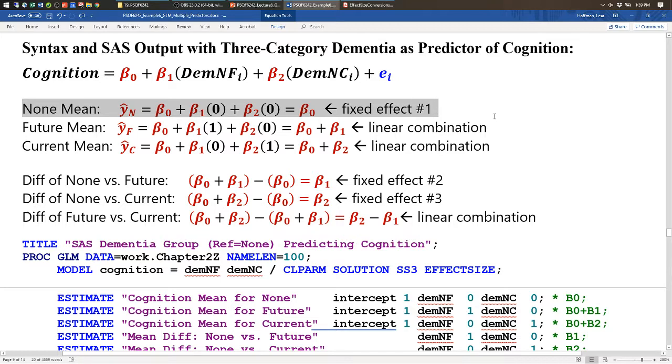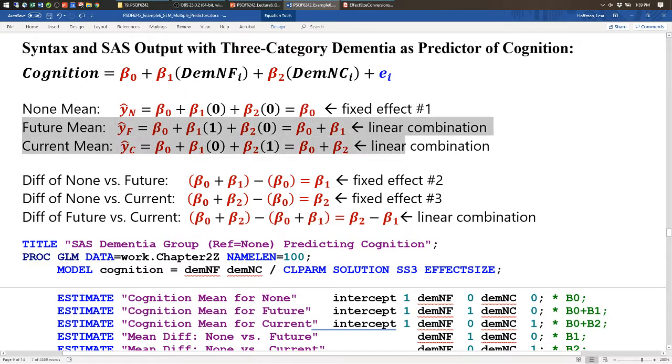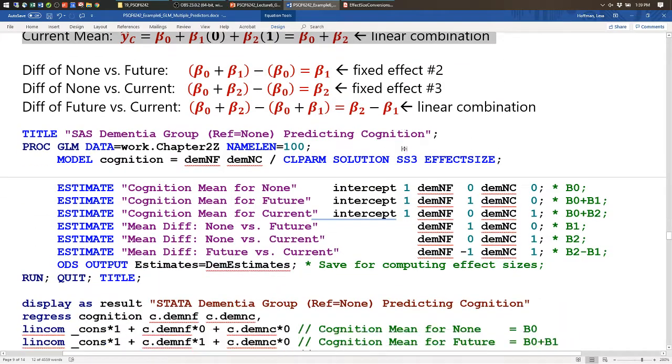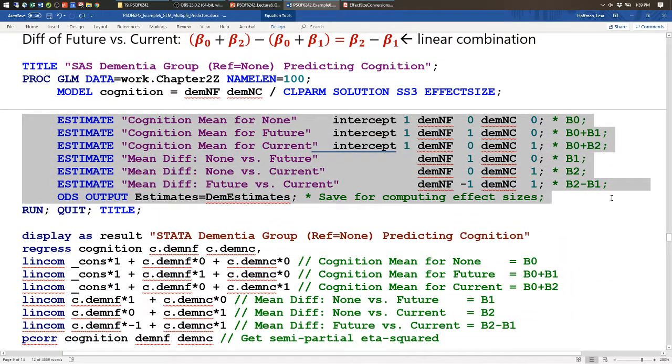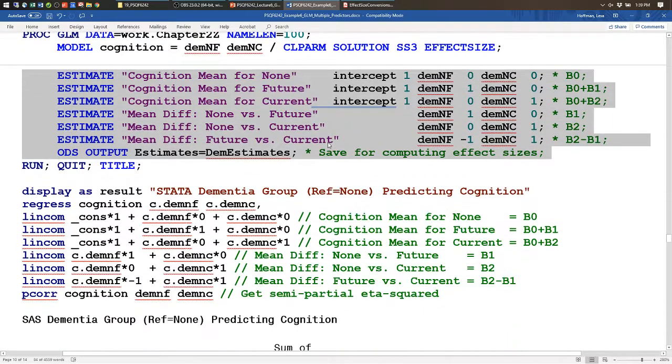Likewise, the none mean is the one fixed effect that is given directly by the model. To get the predicted means for the other groups, those require linear combinations. To make it optimally clear, I wrote out all 6, just so you could see the logic of what goes in and what goes out. One thing to keep in mind: whenever you are requesting differences, so slopes or differences broadly construed, the intercept does not go there.